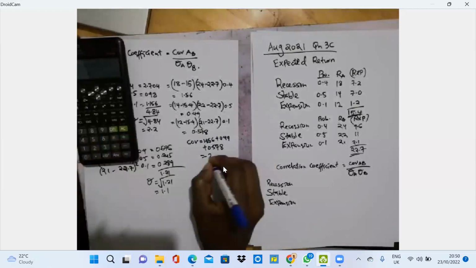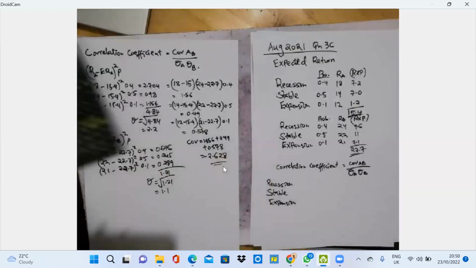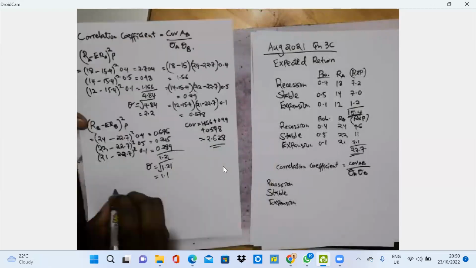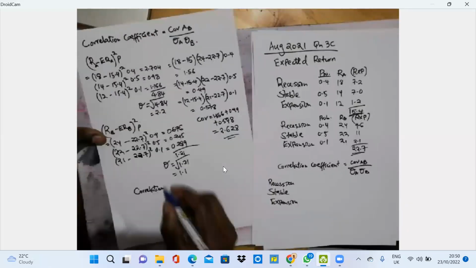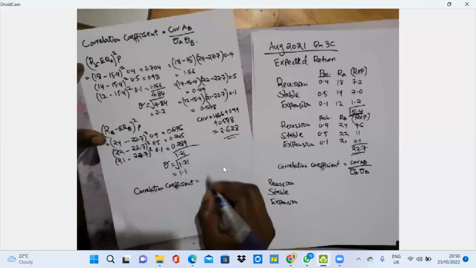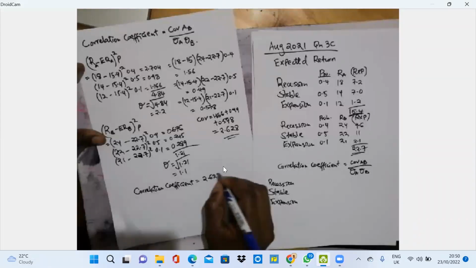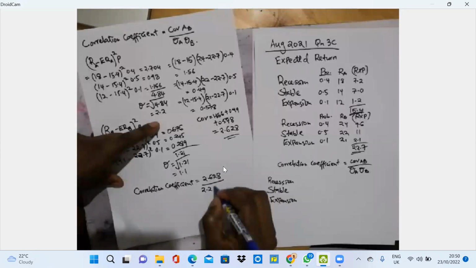Our covariance is 2.628. So to get our correlation coefficient, we take the covariance of A and B, which is 2.628, and divide by the standard deviation of A, 2.2, times 1.1.